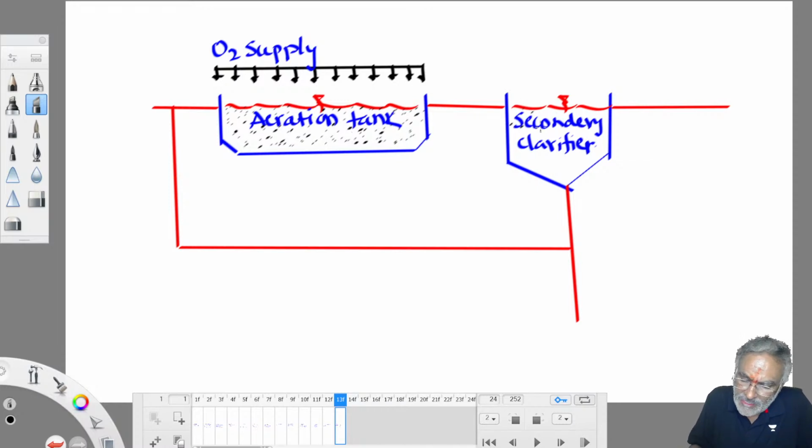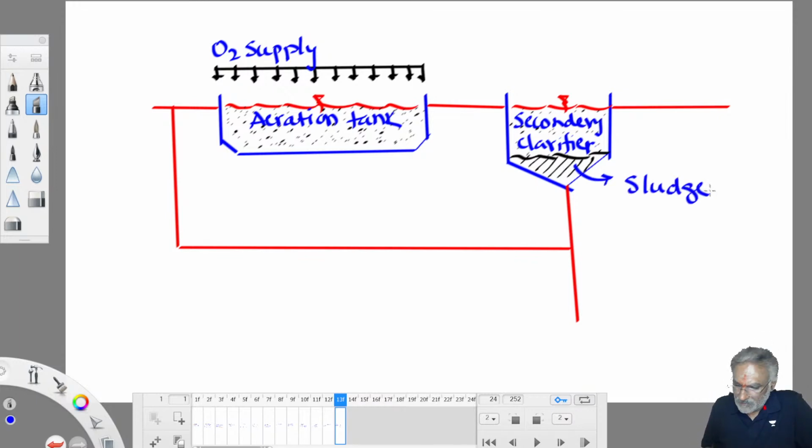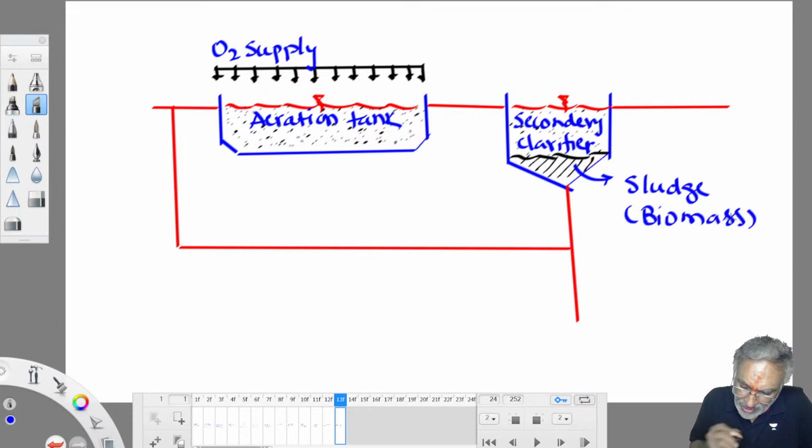Once they move into the secondary clarifier, these organisms settle down and reach the bottom of the tank as sludge. We call it biomass because they are living organisms.